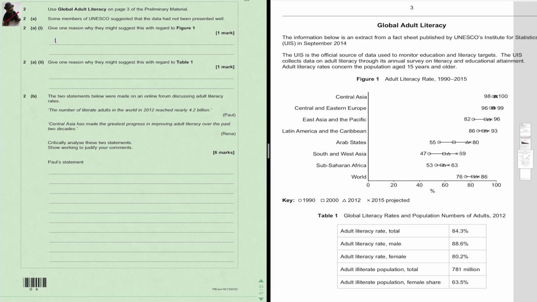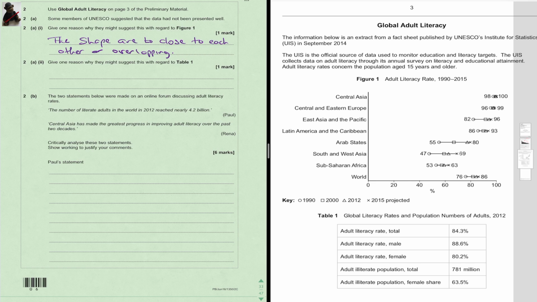So we can say the shapes such as the circle, the triangle and the square seem to be too close to each other, or overlapping. So that's one good reason.